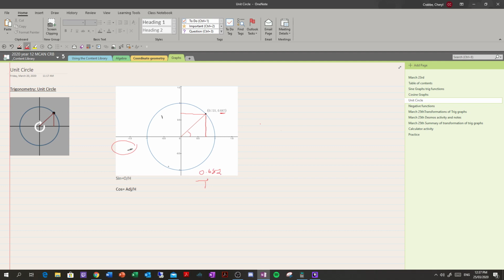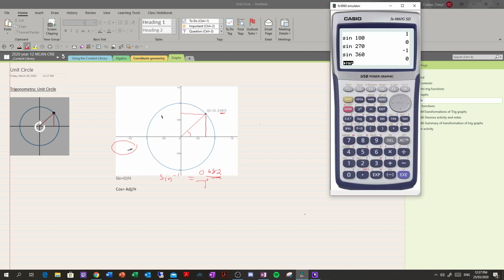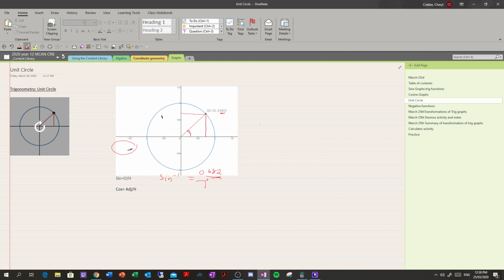Now, if you try to find that angle, we do sine inverse of 0.682 over 1. And if I do shift sine inverse of 0.682 on our calculator, it will give me 43 degrees. So that's what that angle is, 43 degrees, right?